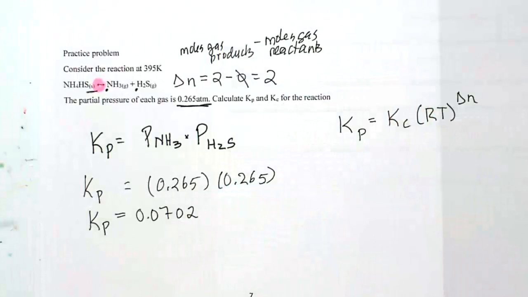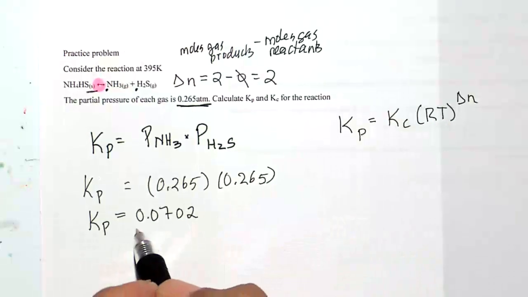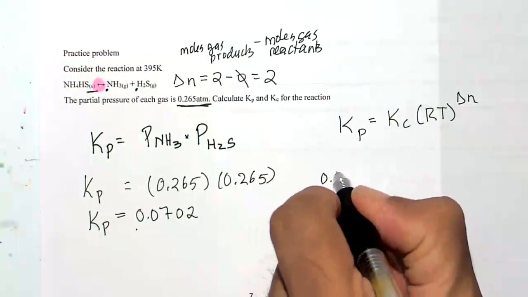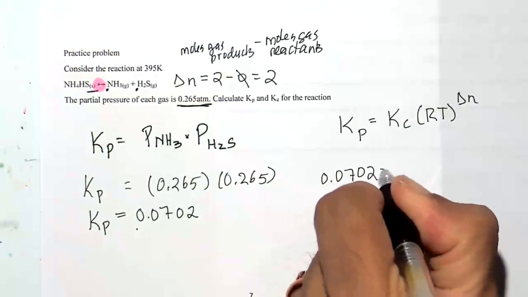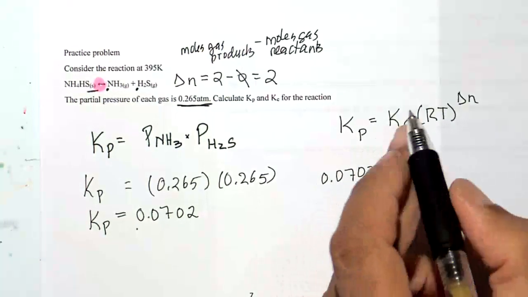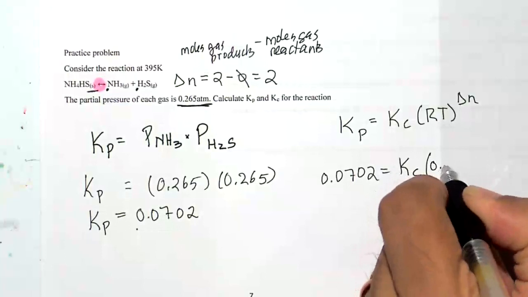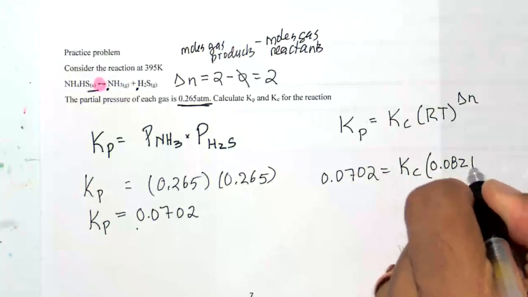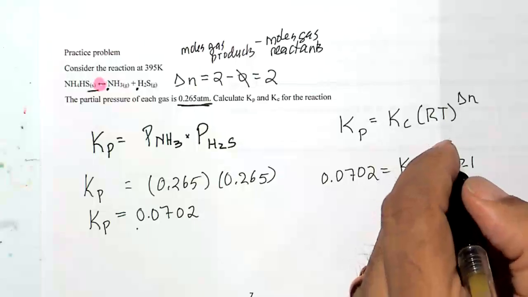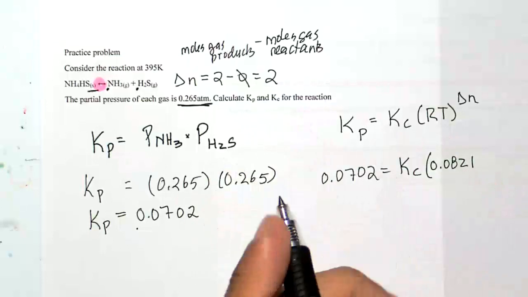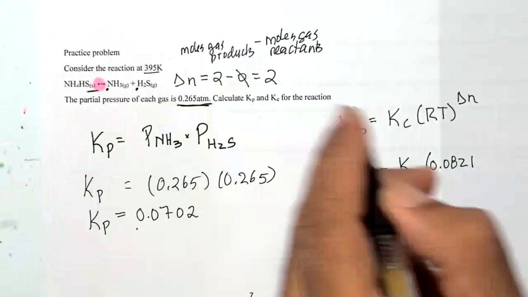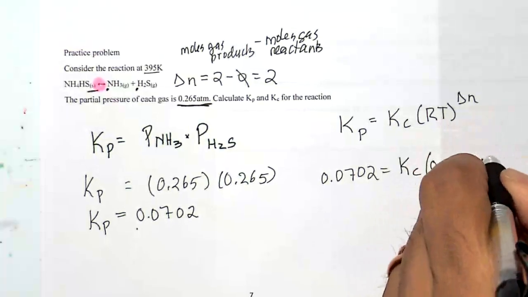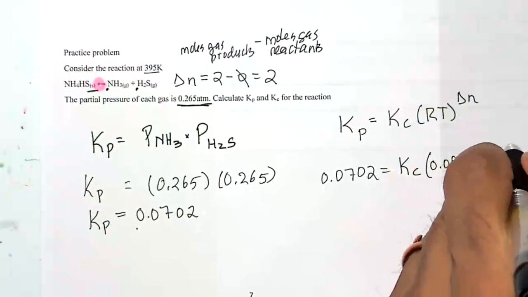All right, I'm going to try to finish this problem. Kp, we calculated it as 0.0702. Kc is what we're trying to solve for. R is 0.0821. As I mentioned, Michael, we don't care about units because the whole thing has no units. The temperature here is 395 Kelvin. We're going to keep this at Kelvin.